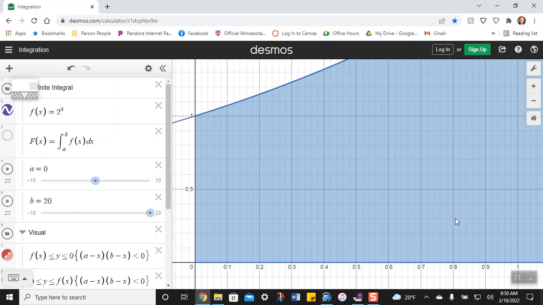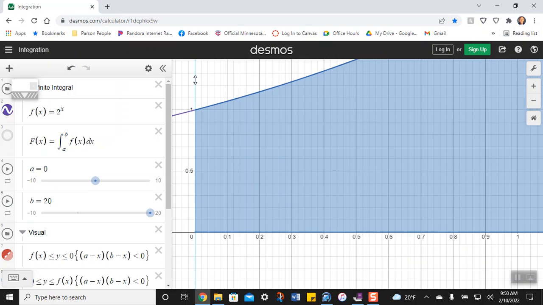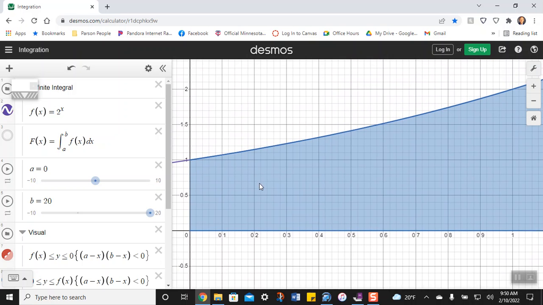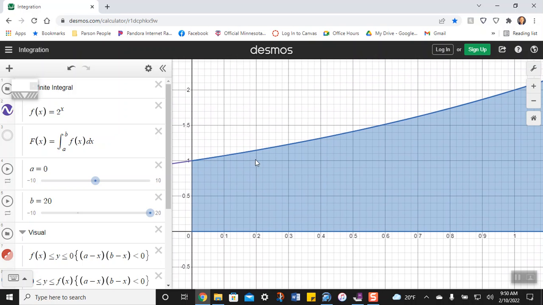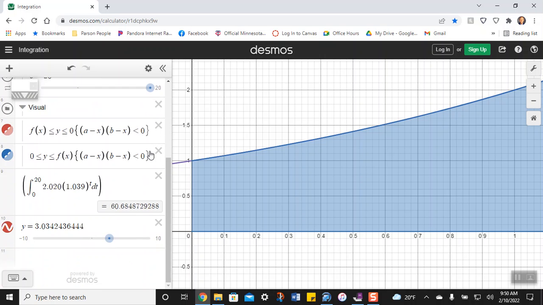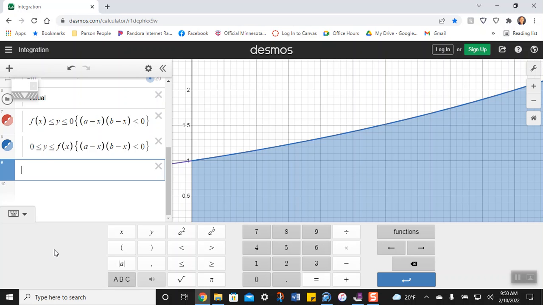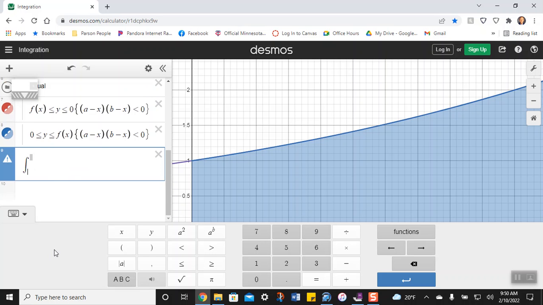That looks pretty good, 0 to 1. Are you guys okay with that? Okay. I don't know what that is, so I'm going to come back down here to get a total value. I'm just going to type in our actual integral down here. This becomes a definite integral. You can just type int in here also if you want. Did you know that? Instead of having to search for it all the time, just type int and it'll give it to you.